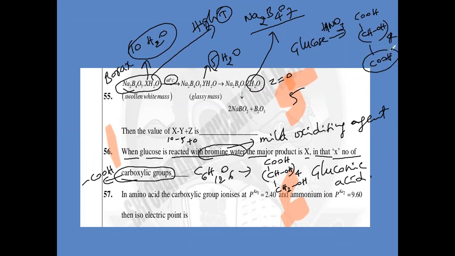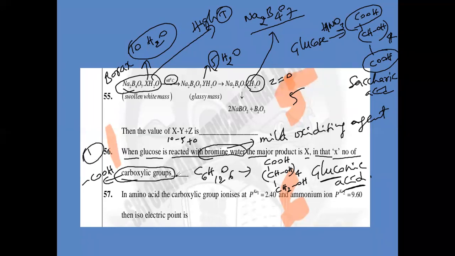So how many COOH groups in this? 2. It will be called saccharic acid. Saccharic acid has 2 COOH, but gluconic acid has 1. So the answer is 1. Only one COOH group is present.